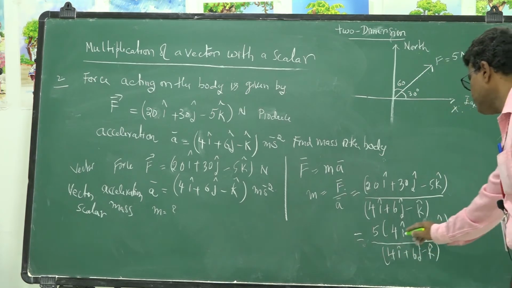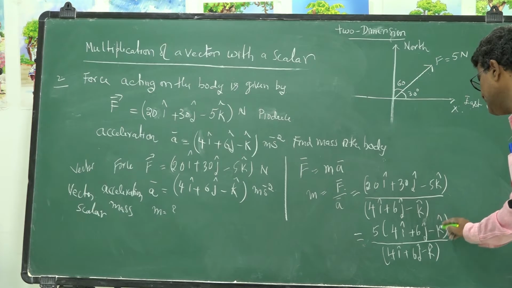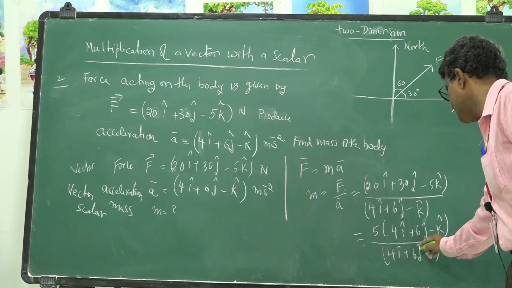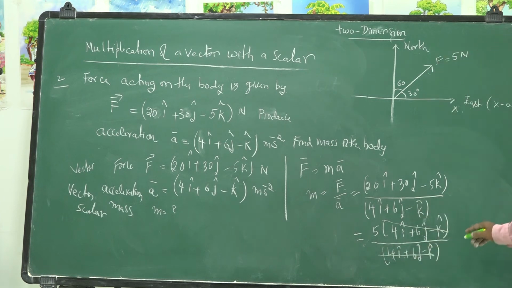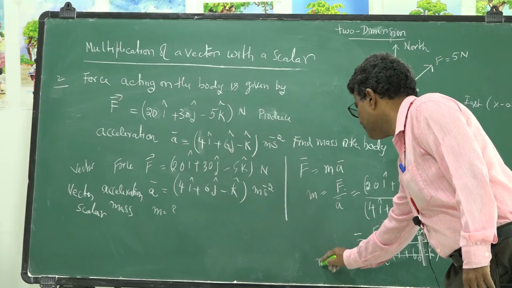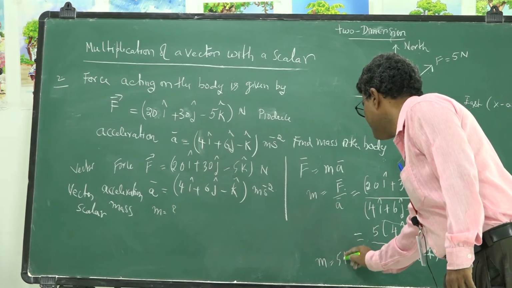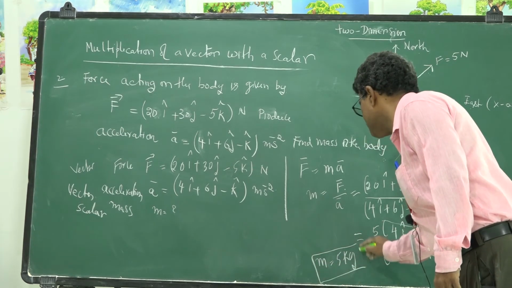These two get cancelled. So you will get 5. So the mass of the body we will get as 5 kg. So this is the answer.